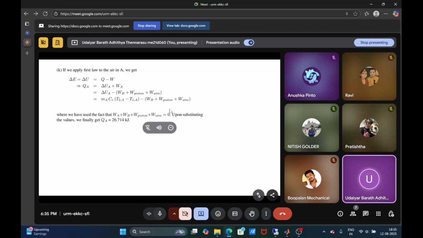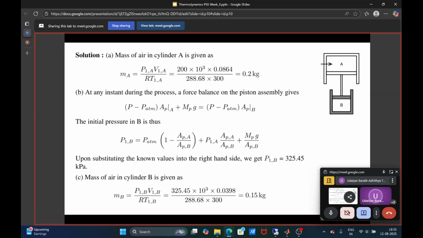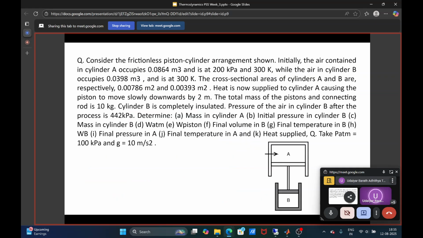Any doubt in this problem? So there are a lot of parts which were interlinked to each other. There were a lot of parameters which we had to find out. I'll just run through again what was done.